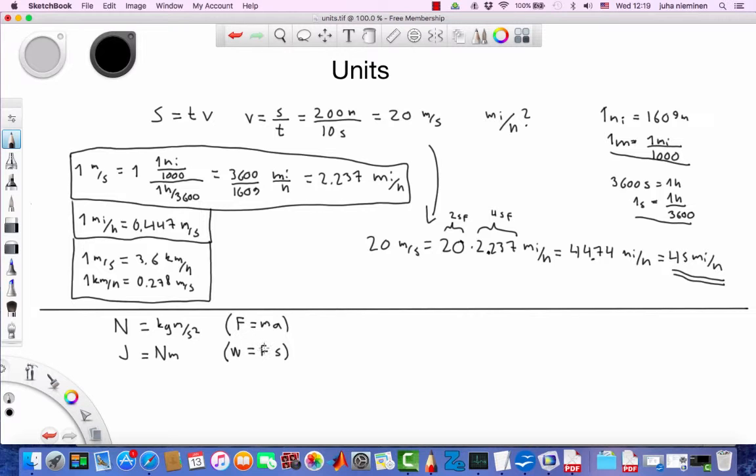So units of force are newtons and units of distance are meters, so we get Newton meters. What else? Pascal, the unit of pressure, as you well know, and that is, of course, newtons over meter squared, because pressure is defined as force over area.